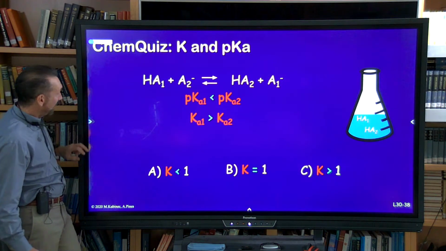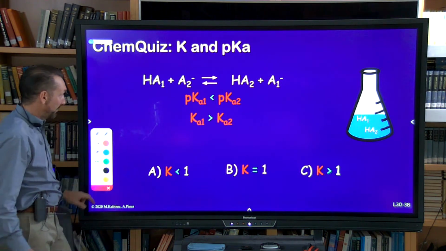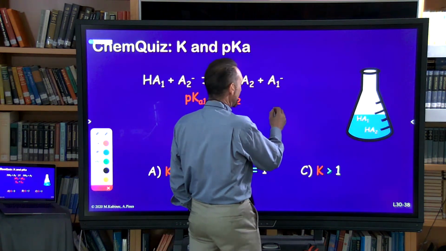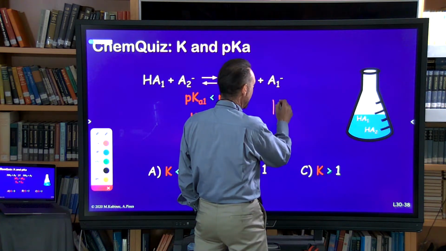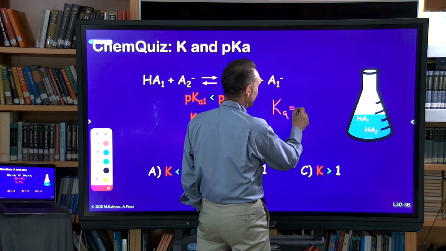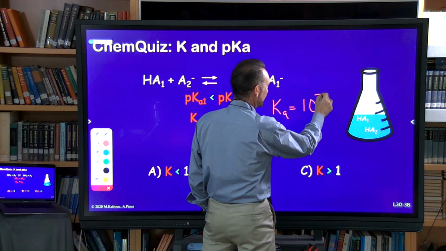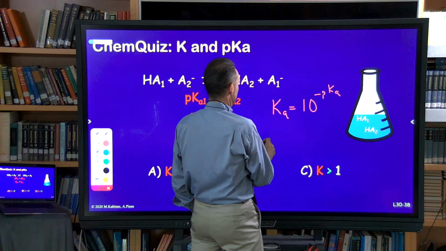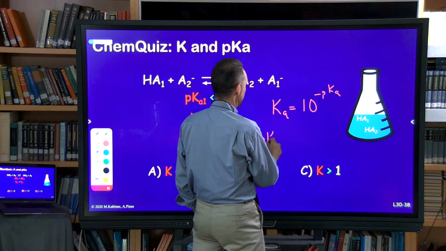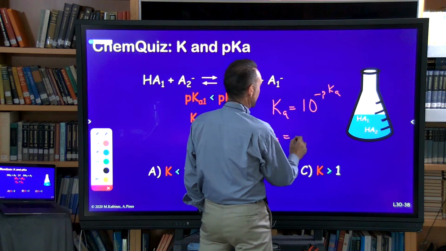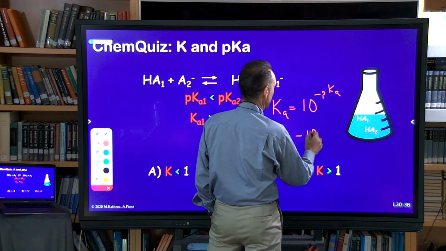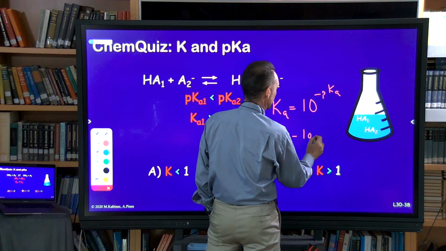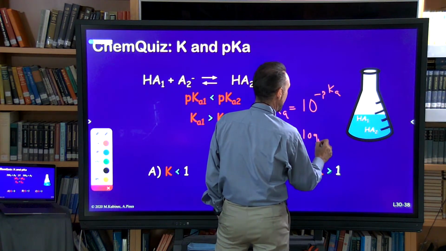We can write that down. I should do that because I know everybody is bad at logarithms. So Ka is 10 to the minus pKa. pKa is minus log base 10 of Ka.